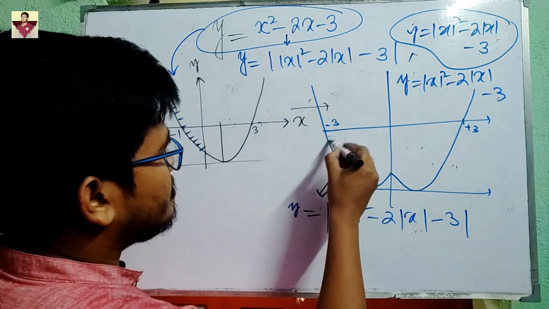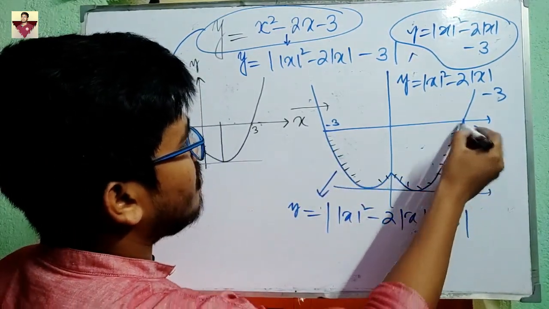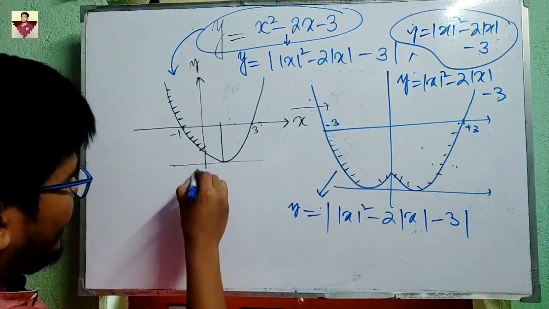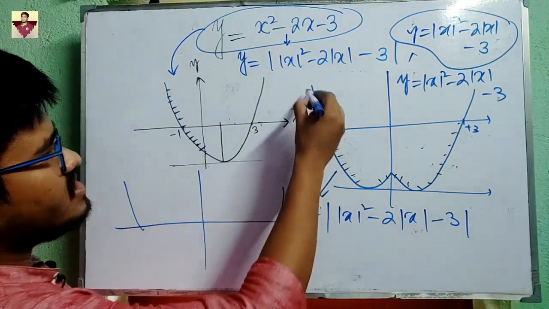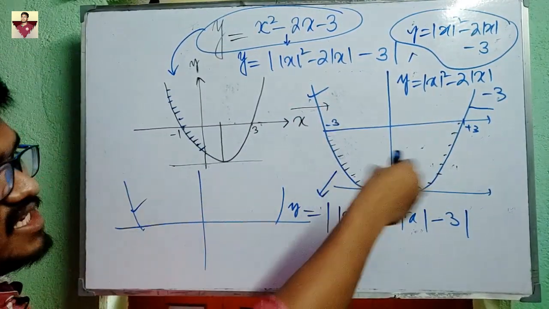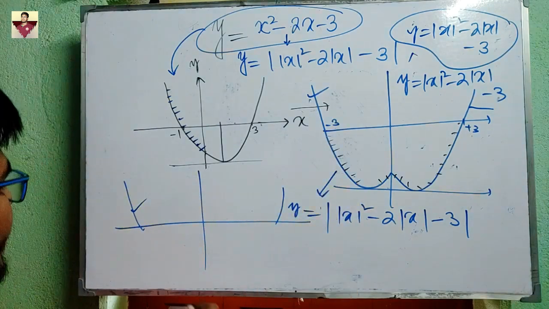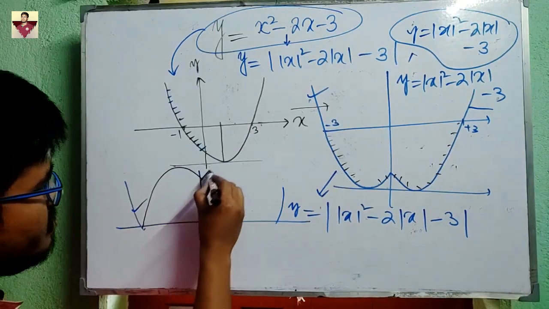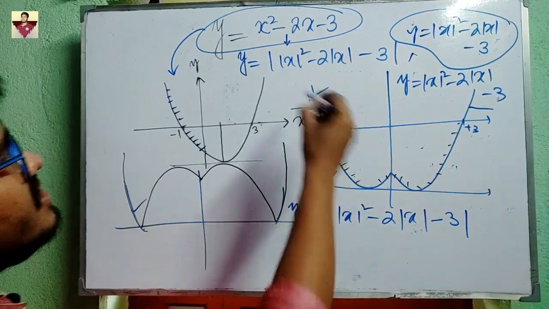This part will be inverted, or you take the mirror image of this part about the x-axis. So the final graph will look like this. This part will be there, and the part below in the negative region of the y-axis will be inverted about the x-axis, like this. So this is the final graph for this function.